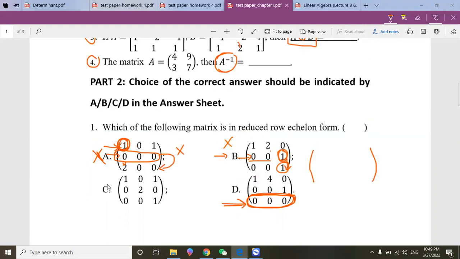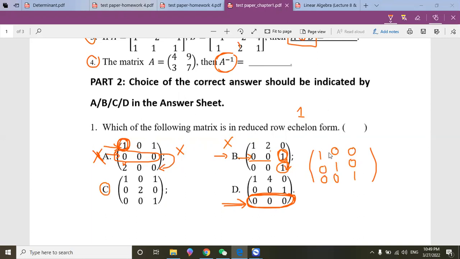Okay, so let's see the third one. And also the pivot point must be only 1, like this way, 1, 1, 1, okay? And all the entries above and below this pivot point must be 0. So the pivot point also must be 1.